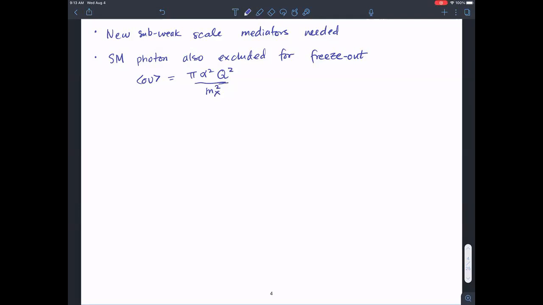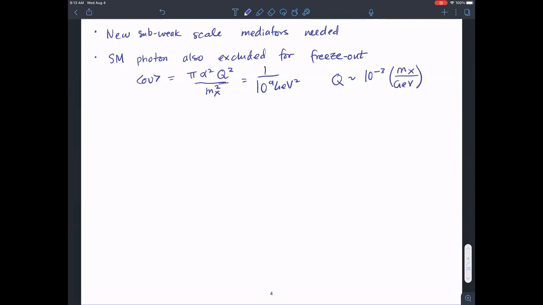And so you could consider a dark matter candidate with some small electric charge, and we'll definitely return to that. And this will, again, setting this to 10 to the 9 GeV squared, require some charge, say around 10 to the minus 3.